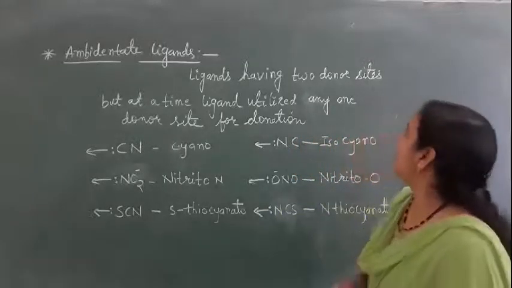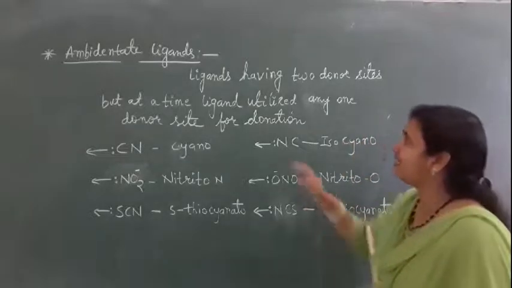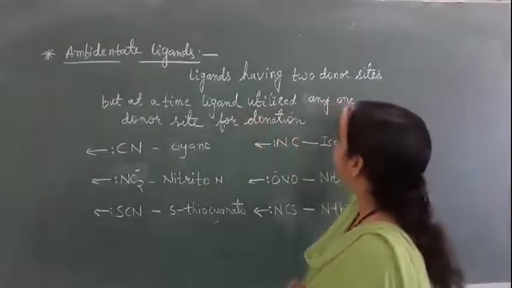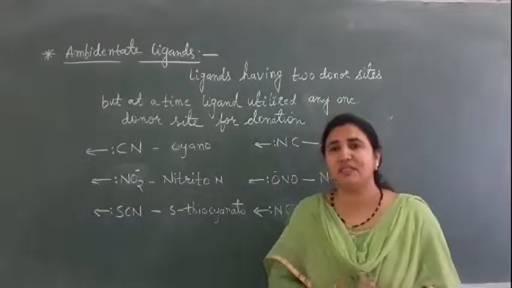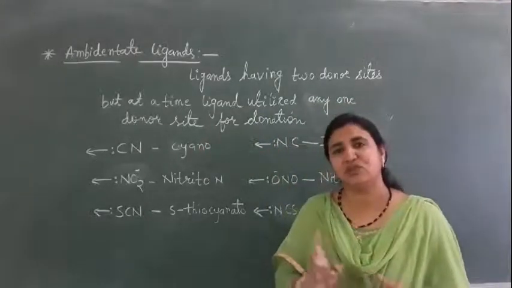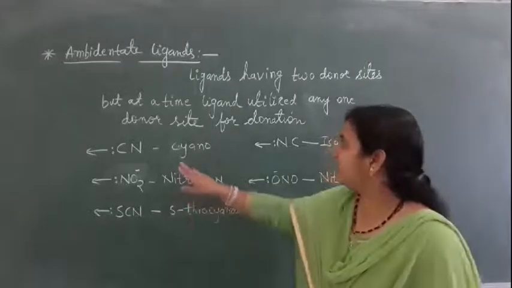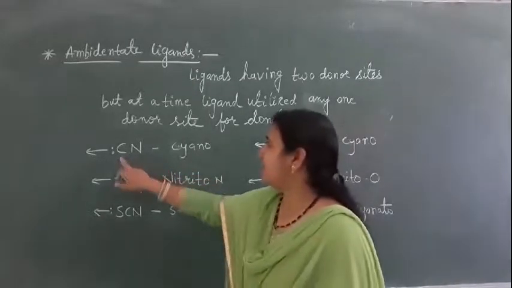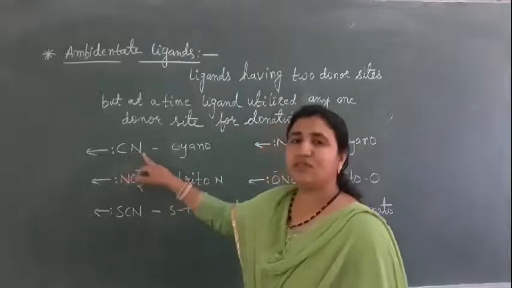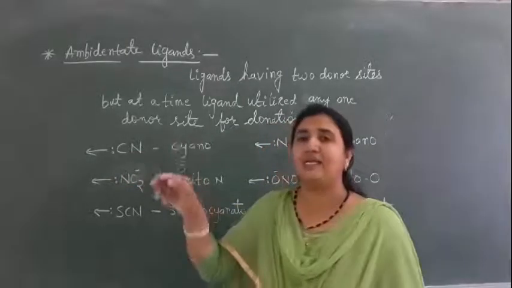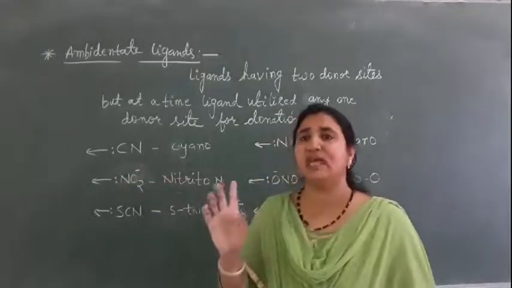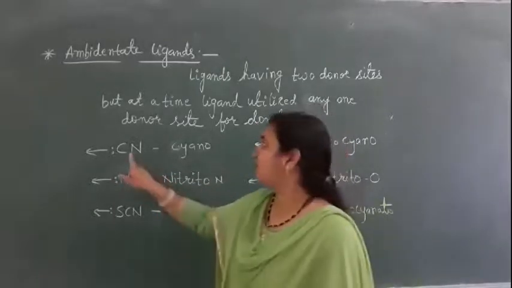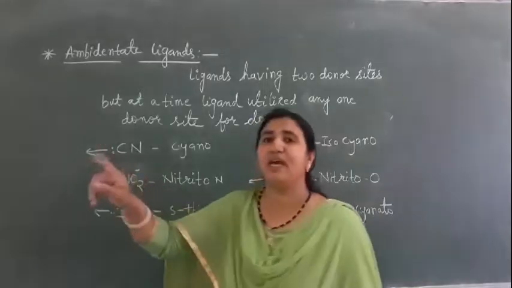The ligands having 2 donor sites, but at a time a ligand utilizes any one donor site for donation, are called ambidentate ligands. Like this cyano group, the carbon can donate and the nitrogen can also donate, but at a time it utilizes only one donor site. So it can donate only one lone pair at a time.